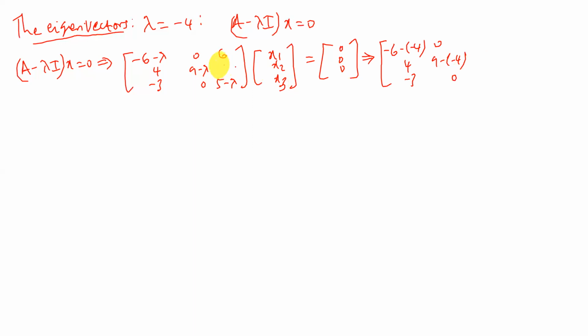There's a 2 in that original matrix A. So you have 6, 2, 5 minus -4, which is 9, times x1, x2, x3 equals 0, 0, 0.